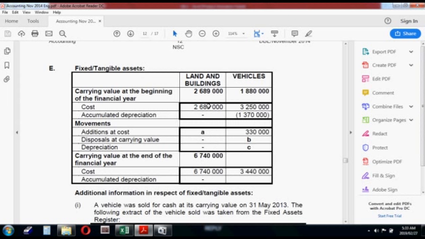We know the costs at the beginning of the financial year plus additions, in the absence of any disposals, will equal the costs at the end of the financial year.